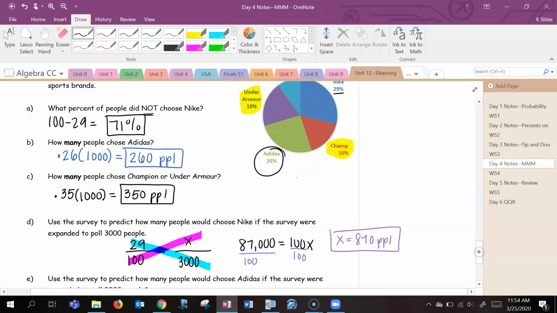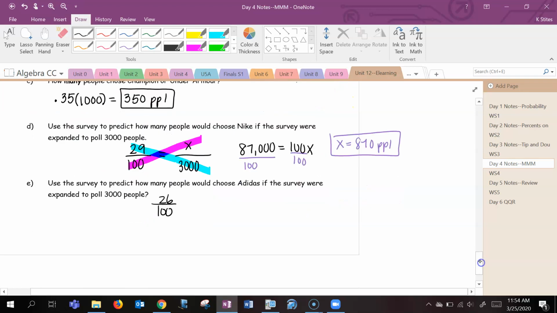However, we actually figured out how many people chose Adidas. It was 260. So your other option is to do 260 out of 1,000, and it's 1,000 because it was 1,000 total people. So this is dealing with the percent, this is dealing with the number of people. It is the same thing. It doesn't matter which one you use, because if you simplify both of these, you'll get the same thing.